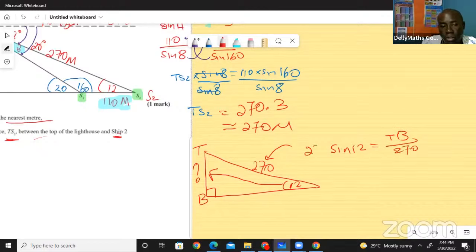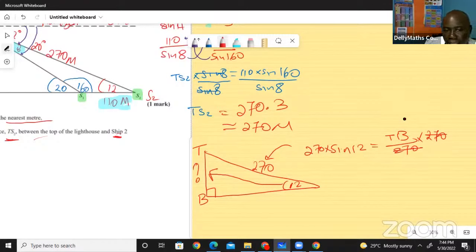Because all we're going to do is multiply both sides by 270 so that I could cancel that on the right side. And then on the left side, we're talking 270 sine of 12, right? 270 the sine of 12.